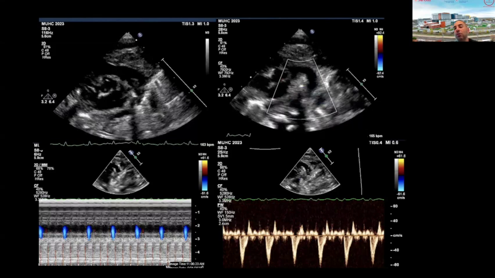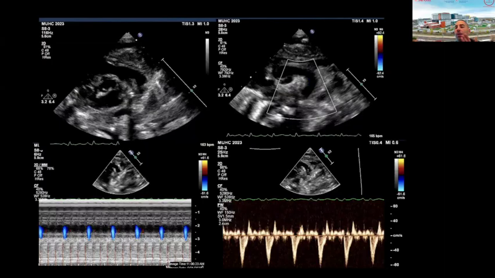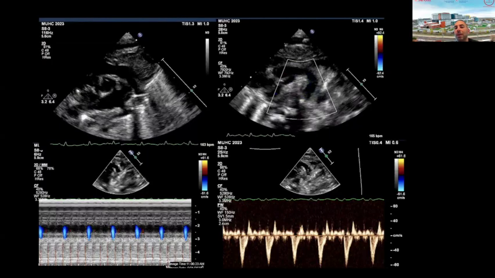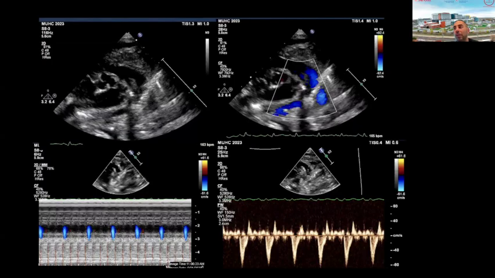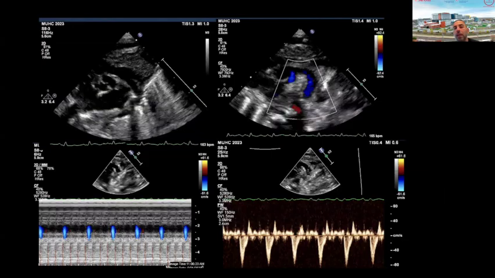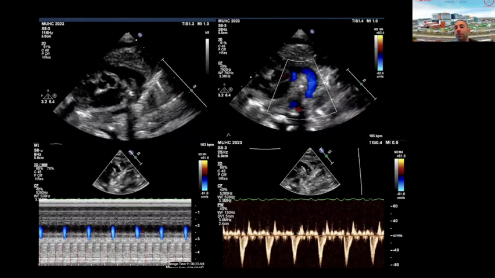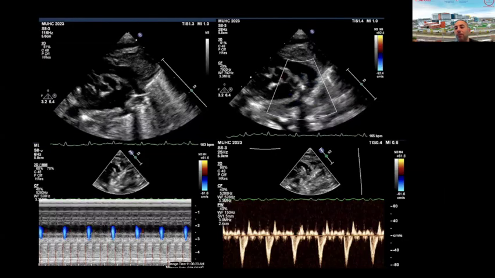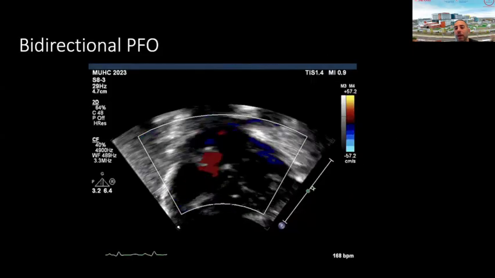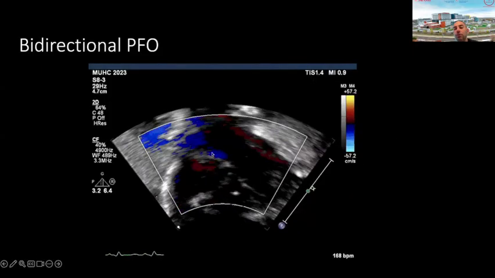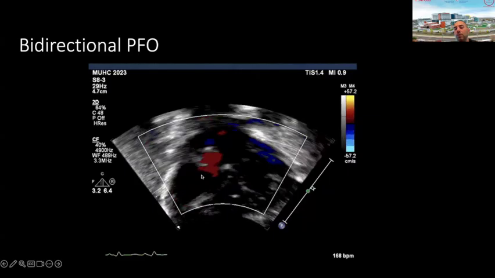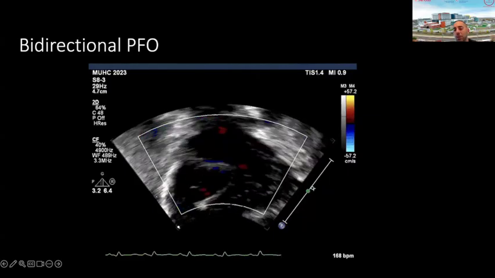Depending on the stability of the baby and his response to NO, you may consider weaning it to provide forward flow. But the concern here is that there is biventricular dysfunction, and because the LV function is terrible, I would probably remove the INO. The other thing you see here is bidirectional PFO, because of the biventricular dysfunction.